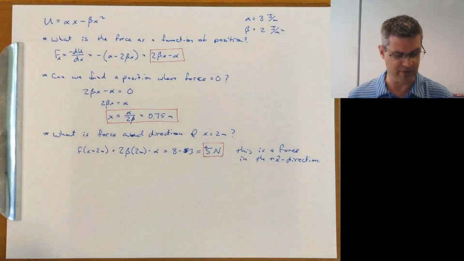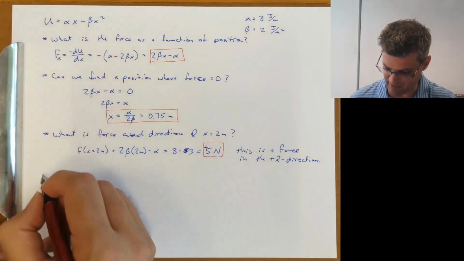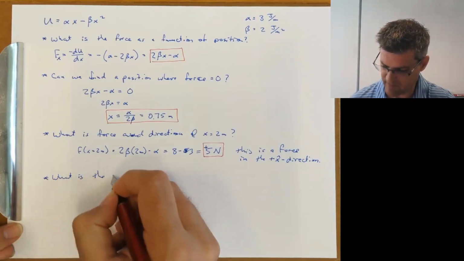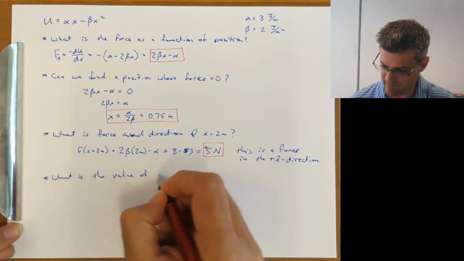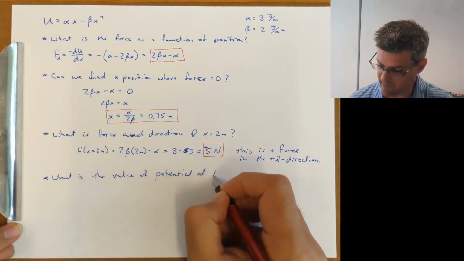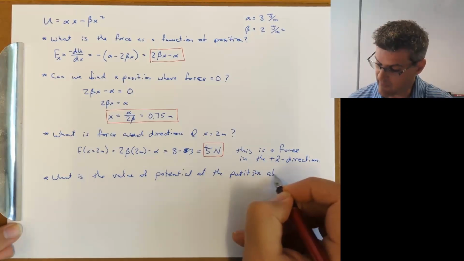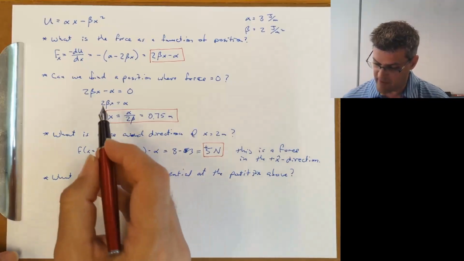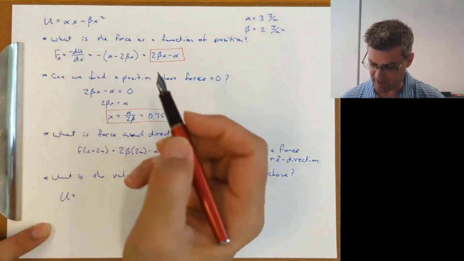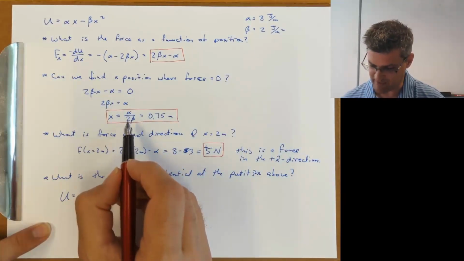Now, maybe another thing we want to look at. What is the value of potential at this position? So here we have our expression for potential, which is alpha x minus beta x squared, but we have a certain value of x, right?